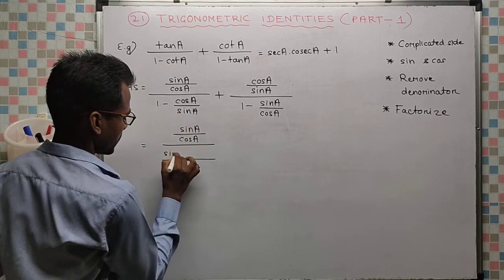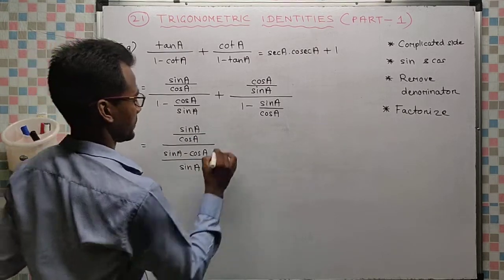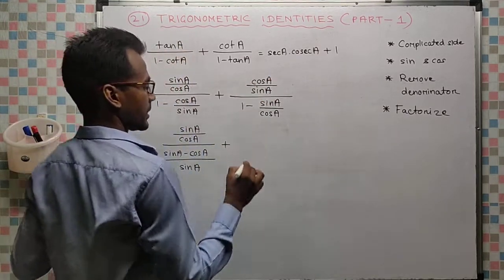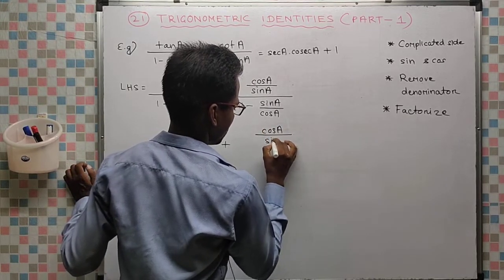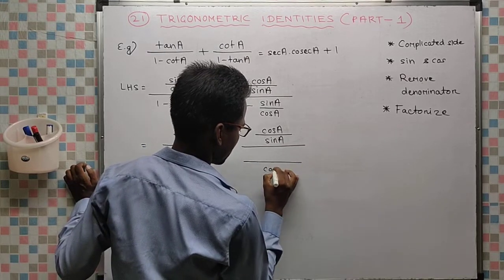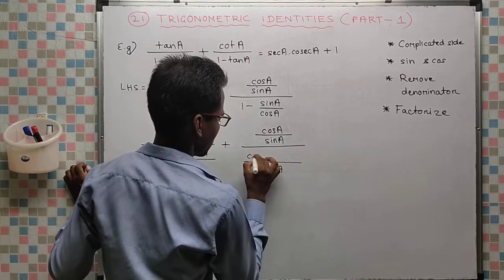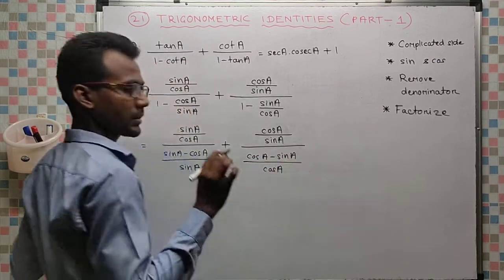So remaining will be sin A minus cos A plus again the same thing here, cos A by sin A whole by, again take LCM cos A, remaining is cosine minus sine. Ready?